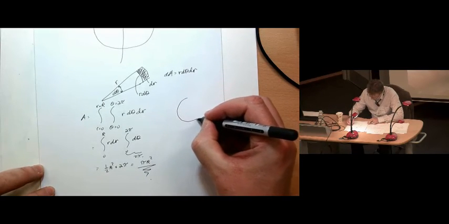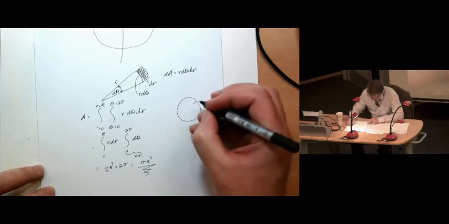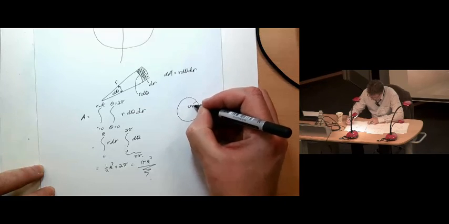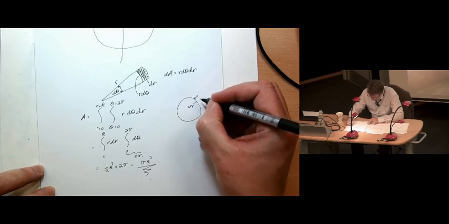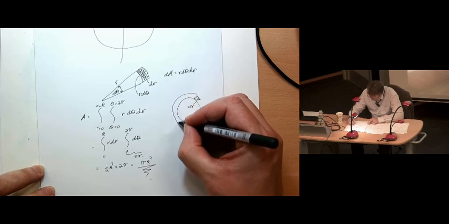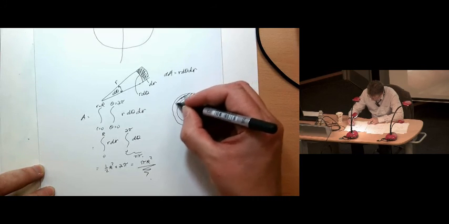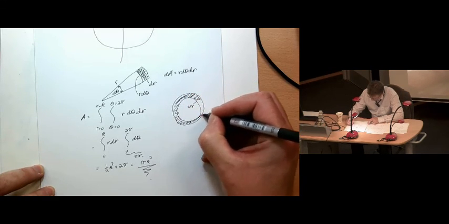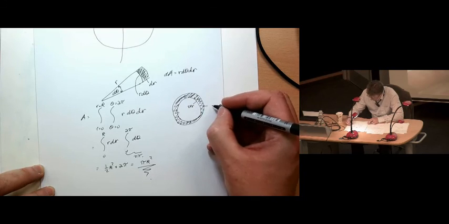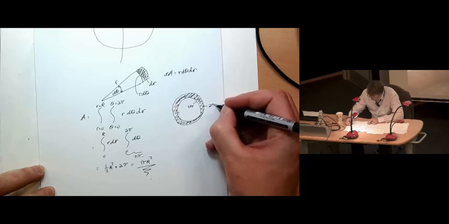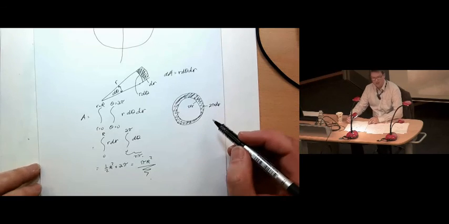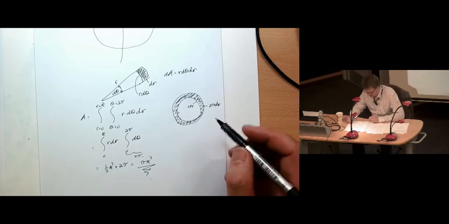So we could take a ring which has got circumference 2 pi r, give it a little distance, dr. So I have a ring which has got area 2 pi r dr, and I can add up all those little rings as a function of r, and that will give me the same answer.